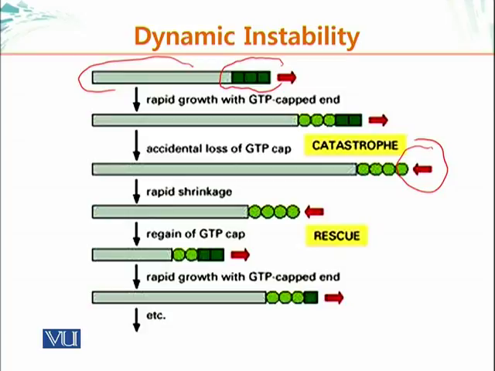As a result of that, we have already seen the critical concentration for D form of the polymer is much higher, meaning that this filament will start to lose subunits. It will lose subunits, and at a certain point, the subunit loss will pause. That is basically the rescue part.